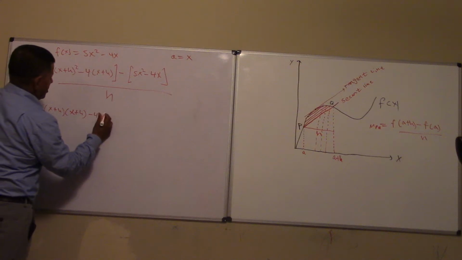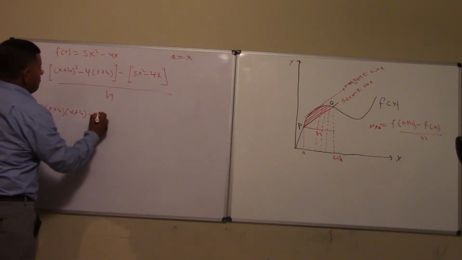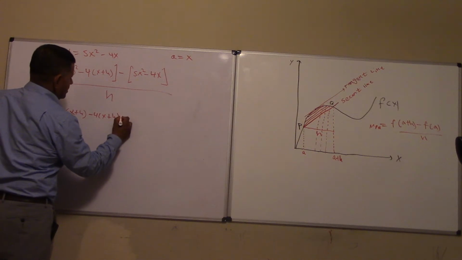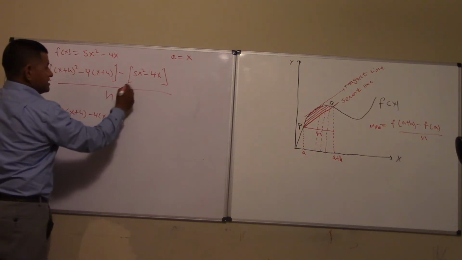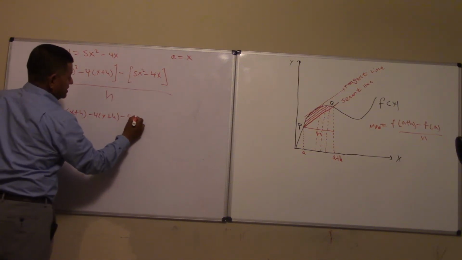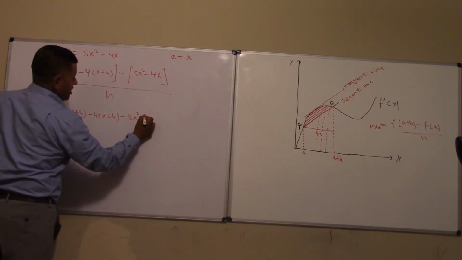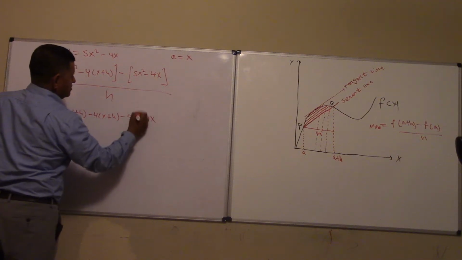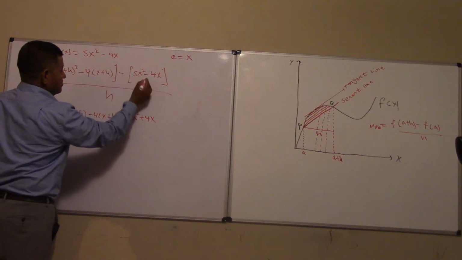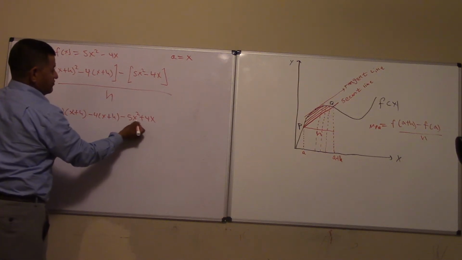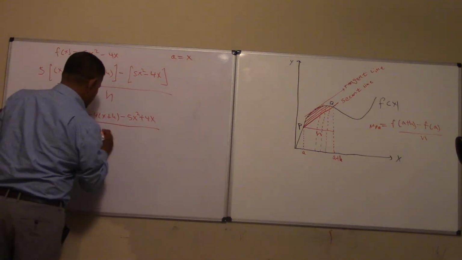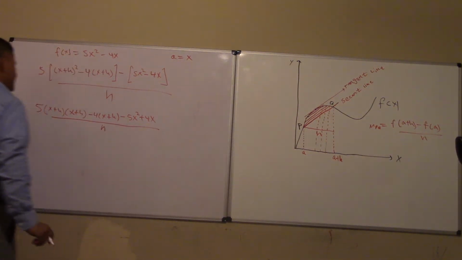Minus 4 times x plus h, right? And then minus that, at this point I just distribute the sign in there and I get negative x squared minus 4x. Actually it's plus 4. See, when I distribute the sign across in this bracket right here, I get plus 4x, right? Now everything over h, right?